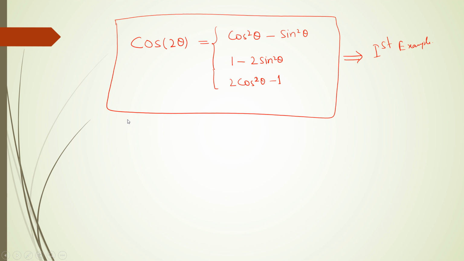So the second one is sin 2 theta. Now we can write sin 2 theta as sin of theta plus theta.